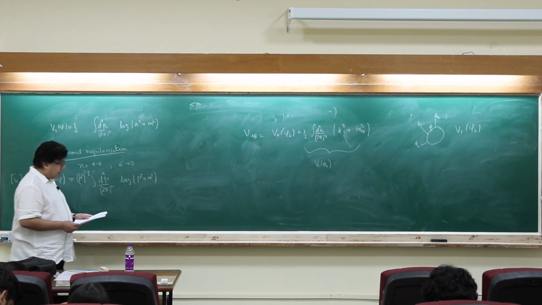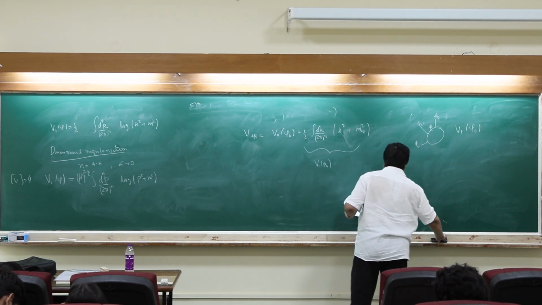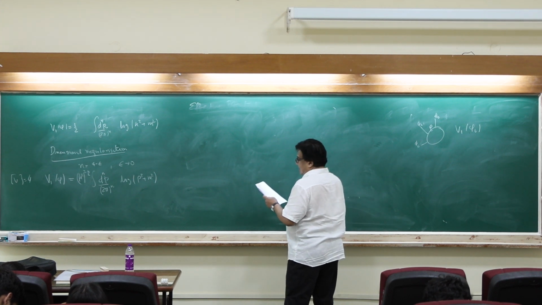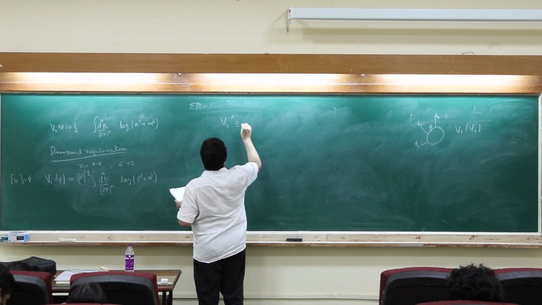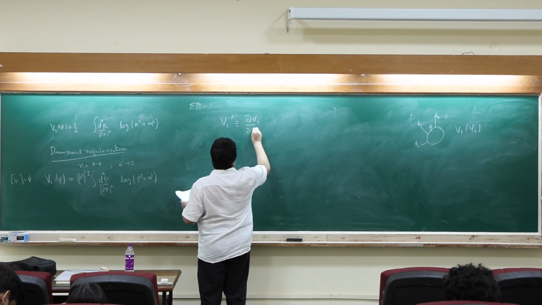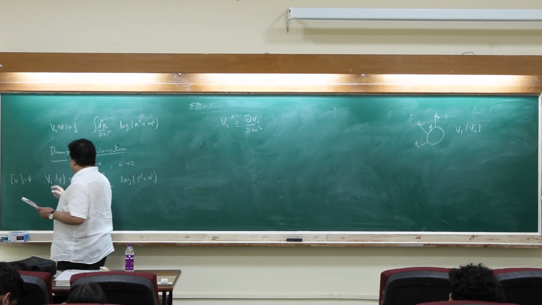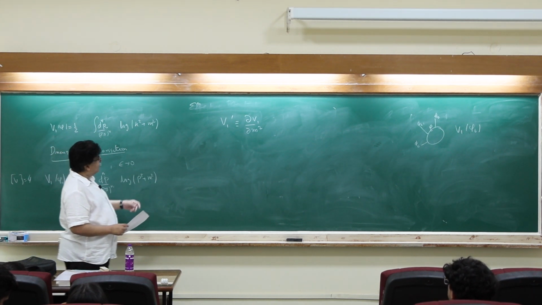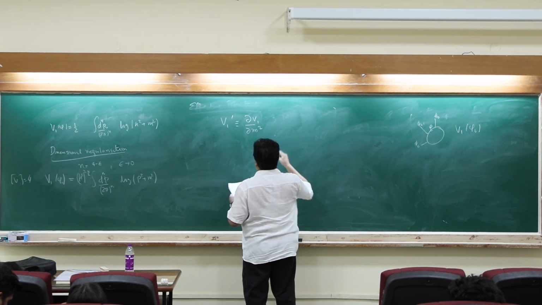Okay. Now, first what I do is I calculate V prime, which is defined now as dV1 by d m square. Take the derivative with respect to m square. So this is my one loop, and this phi b actually. Take the derivative with respect to m square. So that puts the potential in a simpler form.